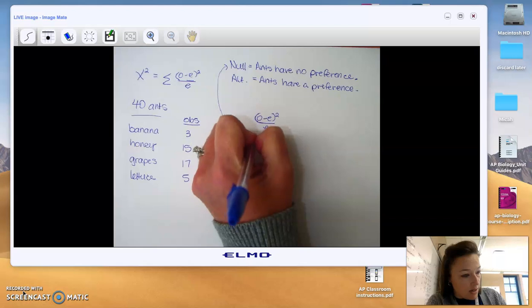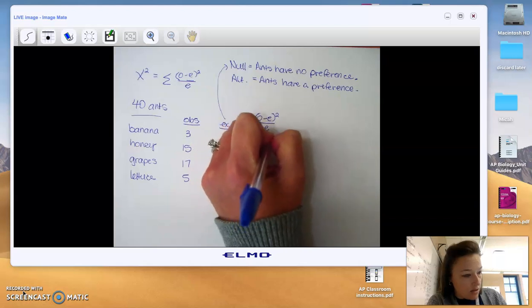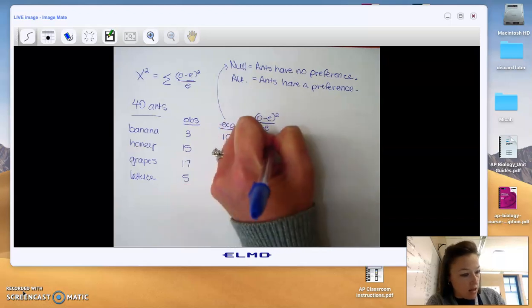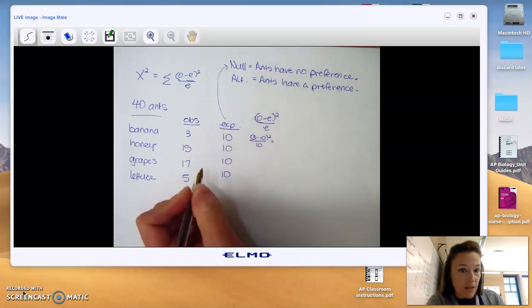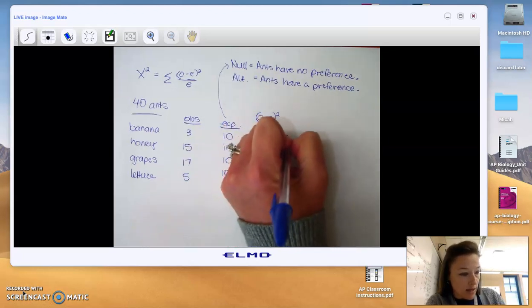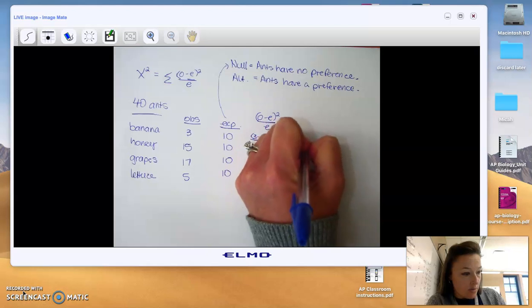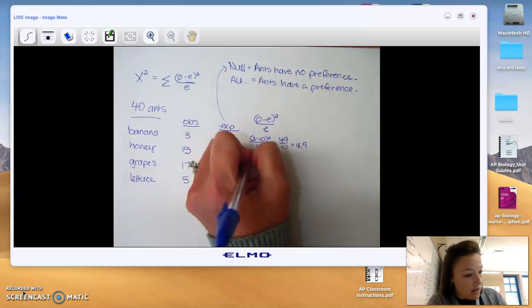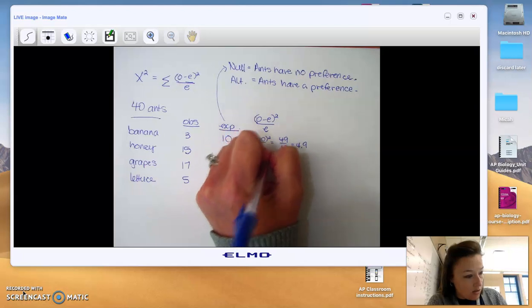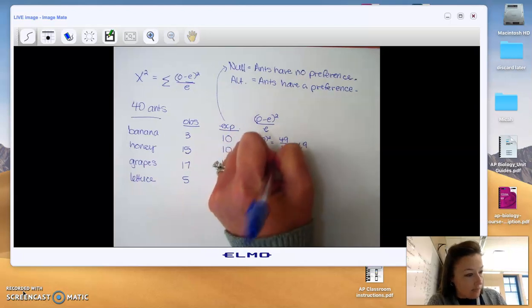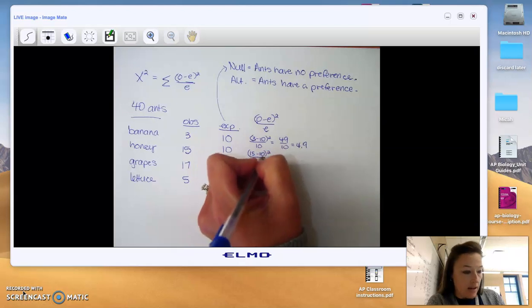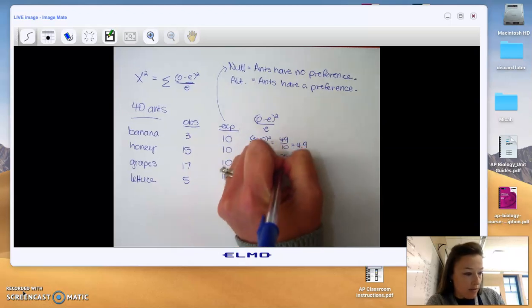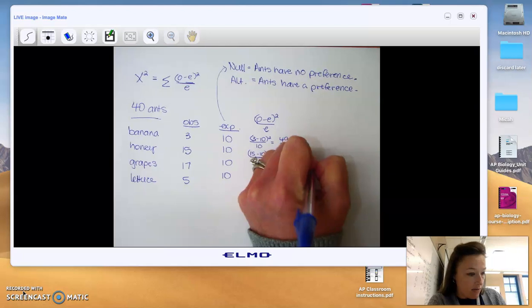So that is going to be 3 minus 10 squared over 10. 3 minus 10 is negative 7. Negative 7 squared is 49 over 10, which is 4.9. All right, then our honey, 15 minus 10 squared over 10. That is 5 squared, which is 25 over 10, is 2.5.